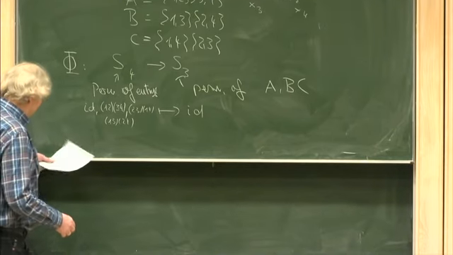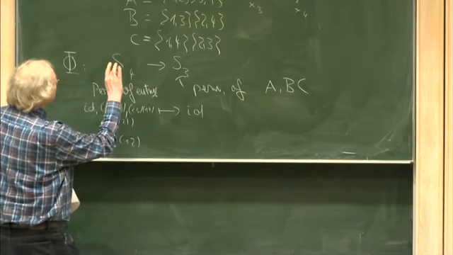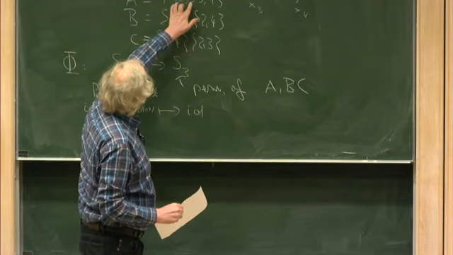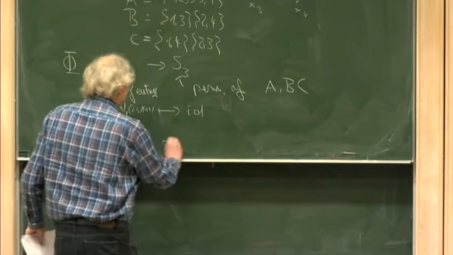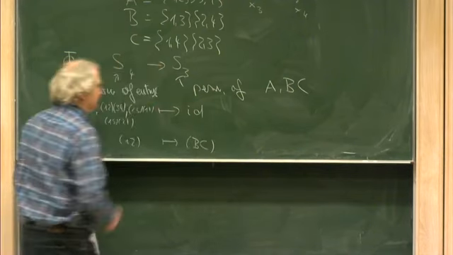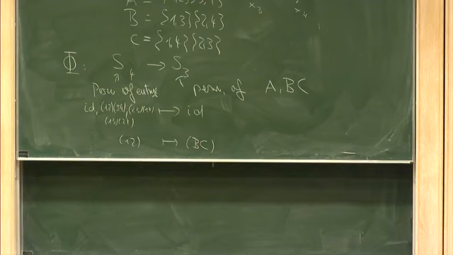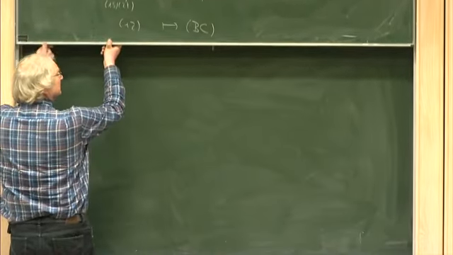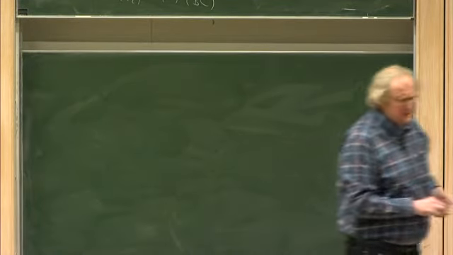And for example, if you take the permutation where you only permute 1 and 2, then of course this cross pair doesn't change, so A is fixed, but B and C are interchanged. So always in the background plays a role this homomorphism between these two permutation groups.